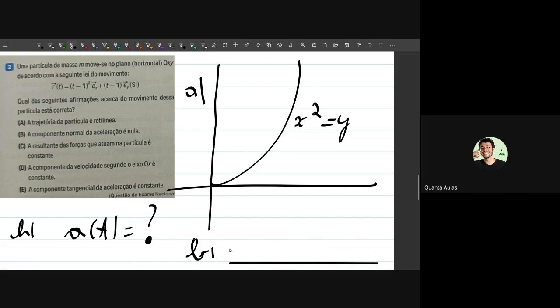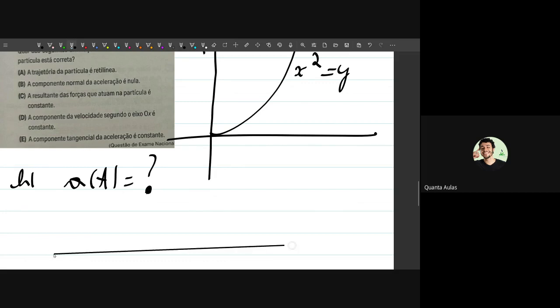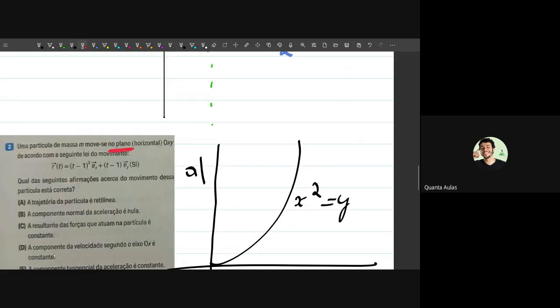The situation is that you have just a component x. Why? Because this motion is in a plane. The motion of this particle is in a plane, okay?